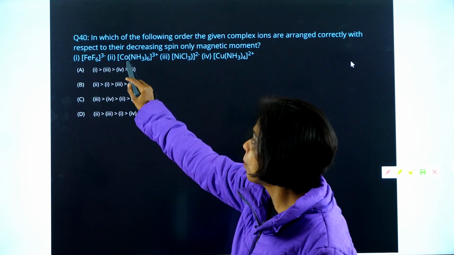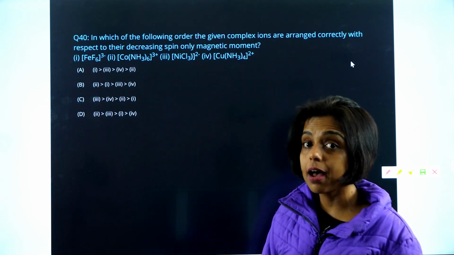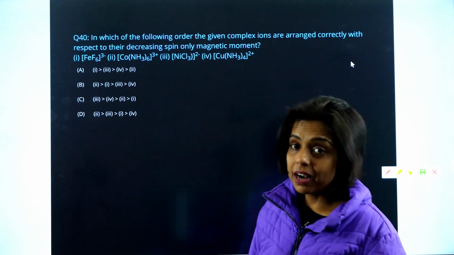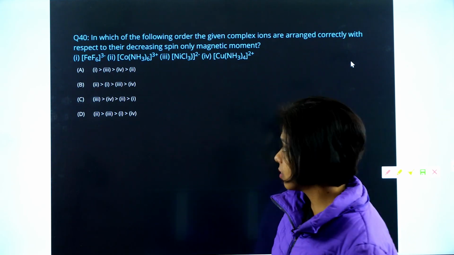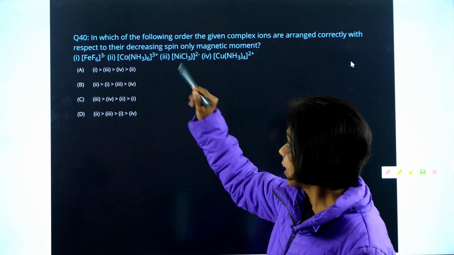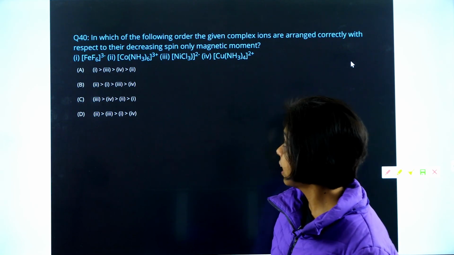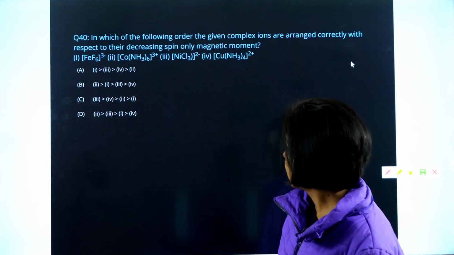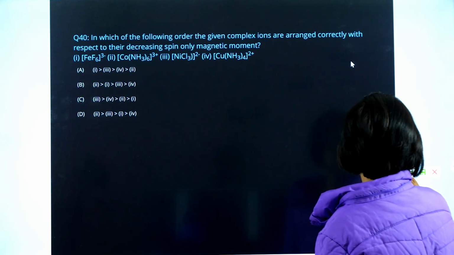Next, cobalt again in +3 oxidation state, amine, strong field ligand. Yes, with cobalt it will act as a strong field ligand, cobalt 3 positive. Okay. Nickel again with chloride, right, NiCl4.